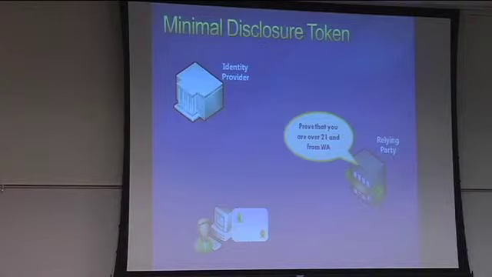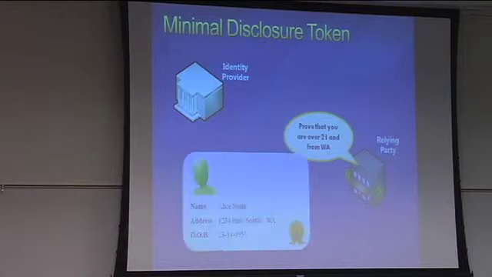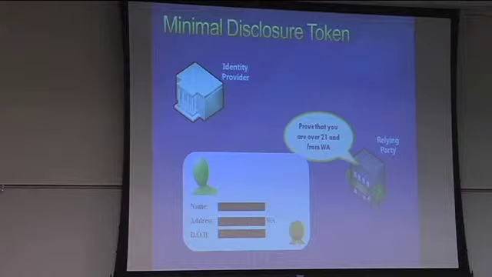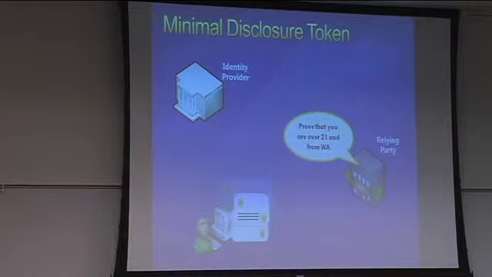So imagine there's an identity provider. The identity provider has issued me with this statement about who I am. I'm able to blot out the stuff that they don't need, and you'll notice that I turned my birth date into an over 21 proof, and then that gets sent from there to the relying party.